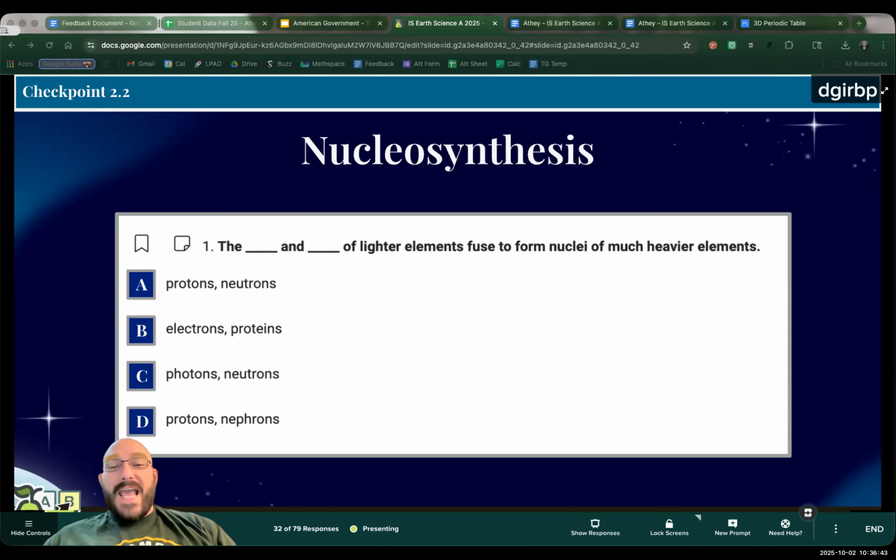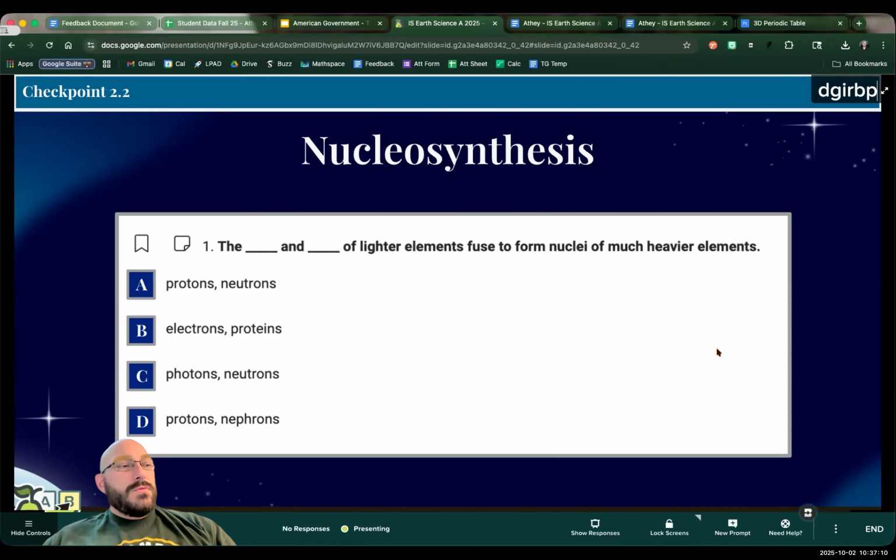It is A, protons and neutrons. So a question like this, you've got to read carefully, right? B has electrons and protons, not proteins. C says photons and neutrons. Photons are little packets of light. D says protons and nephrons. No, nephrons are in your kidney. So just read carefully, right?